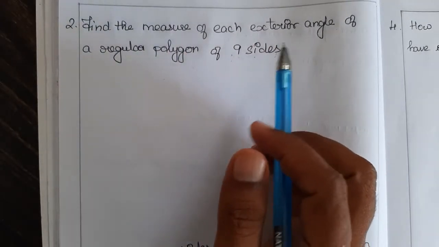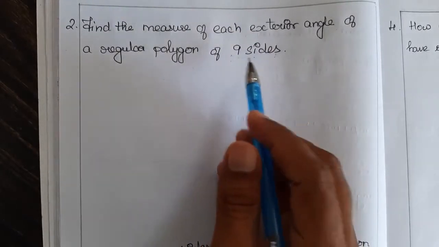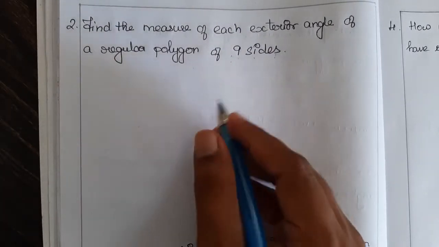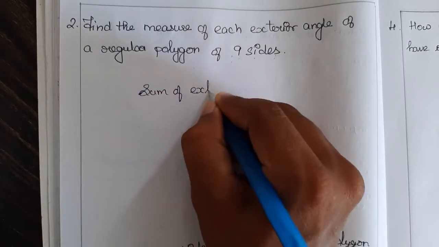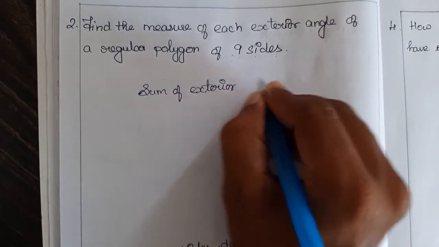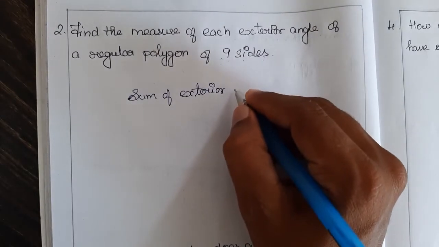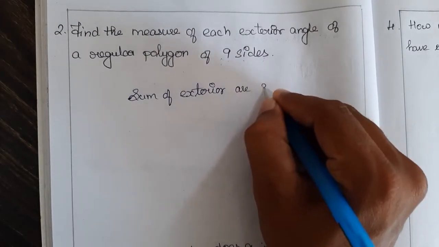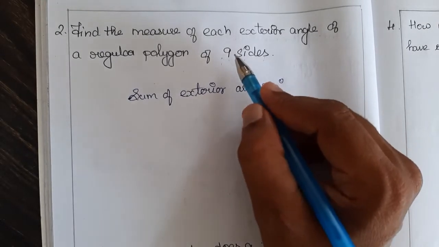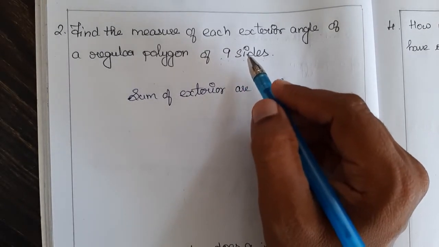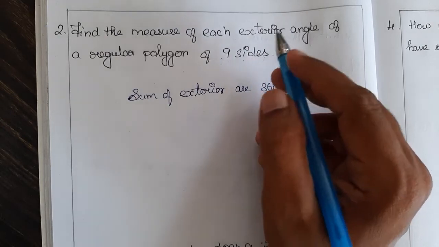We know the sum of exterior angles is, sorry, 360 degrees, right? Sum of exterior angles is 360 degrees. So totally how many exterior angles are there? 9. And the 9 exterior angles are also the same, right?